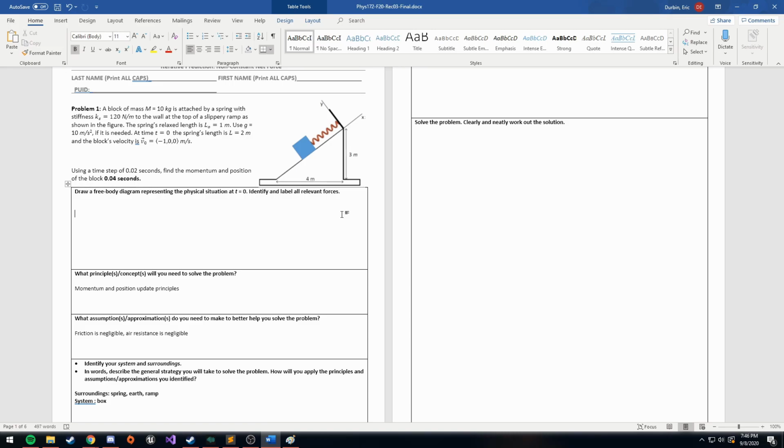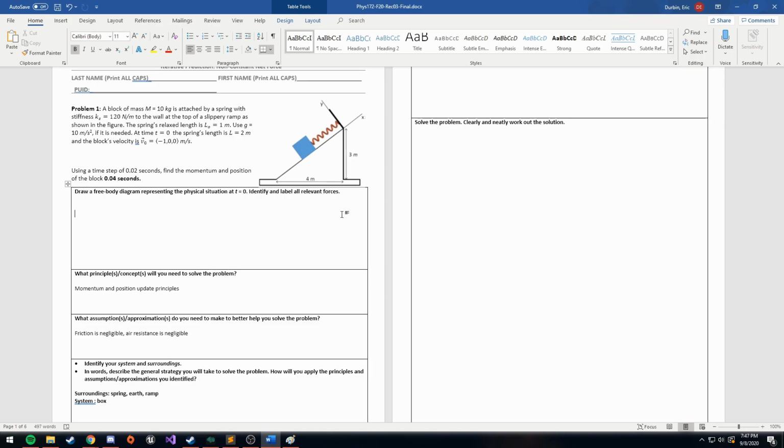The thing that I'm caught up on is, are we absolutely sure that we can just add gravity to the force of the spring? Because gravity has a mass attached to it and springs do not. Well, you're worried about the block itself. So the block is going to have the force of the spring plus the force of gravity.